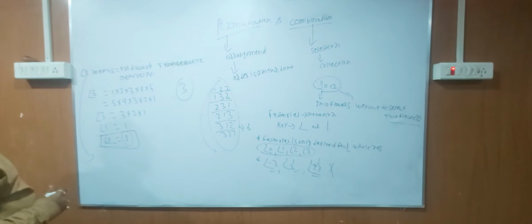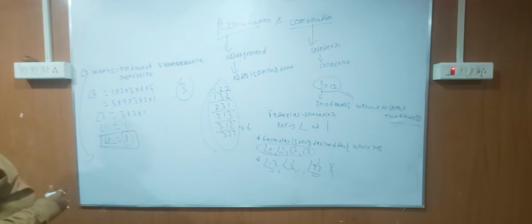Factorial r means arrangement of r things taken at a time for r places.